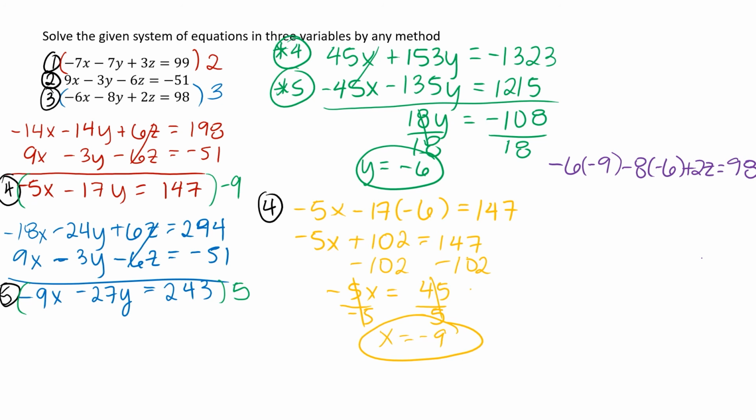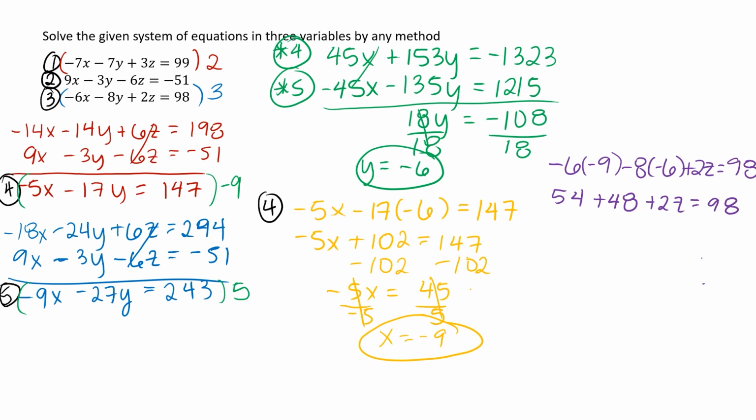Negative 6 times negative 9, I get 54. Negative 8 times negative 6, I get positive 48. Plus 2z equals 98.